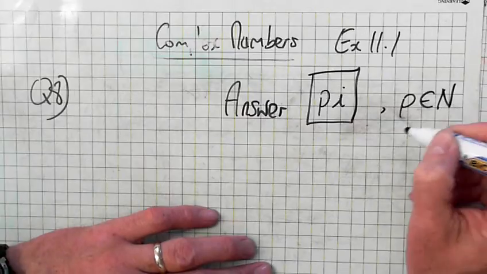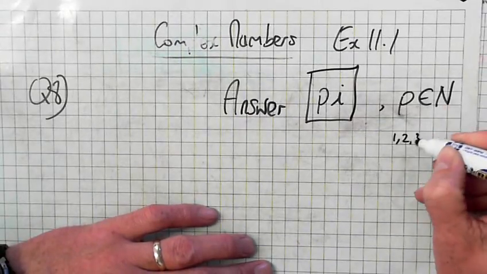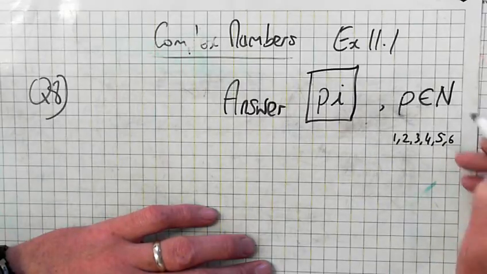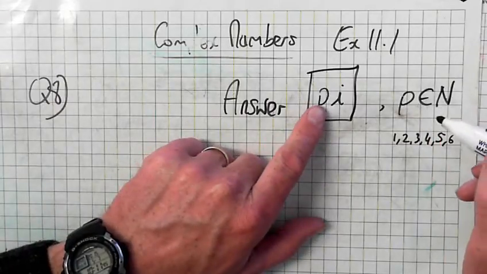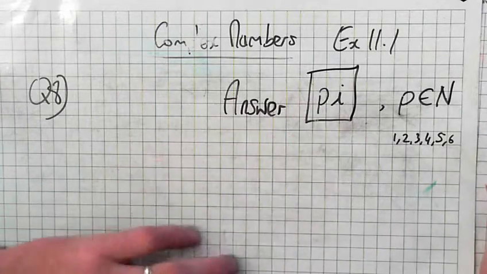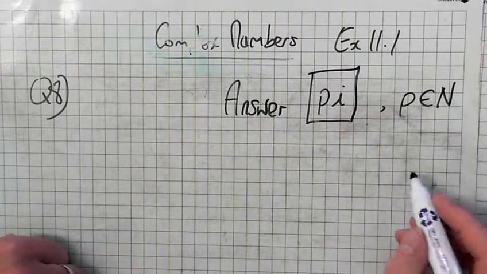Natural numbers are 1, 2, 3. P can be 1, 2, 3, 4, 5, 6, going on forever. So it's telling me that the number here is a natural number. Alright, so we have to get an answer.